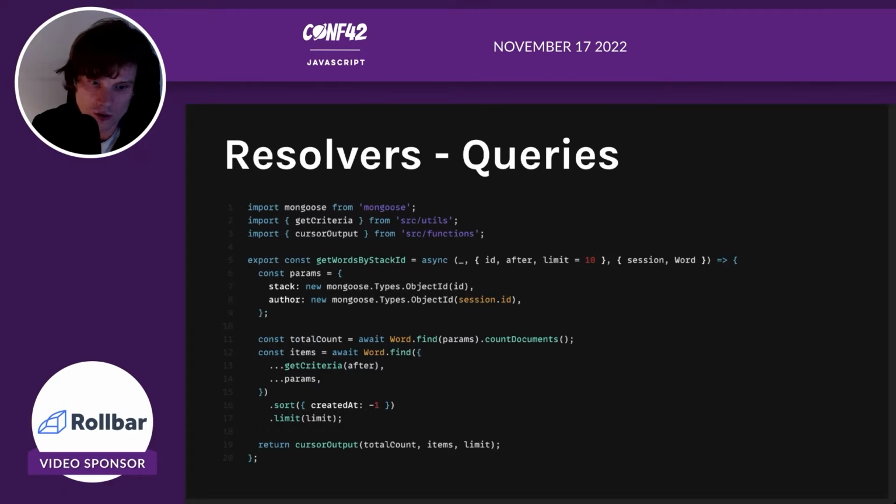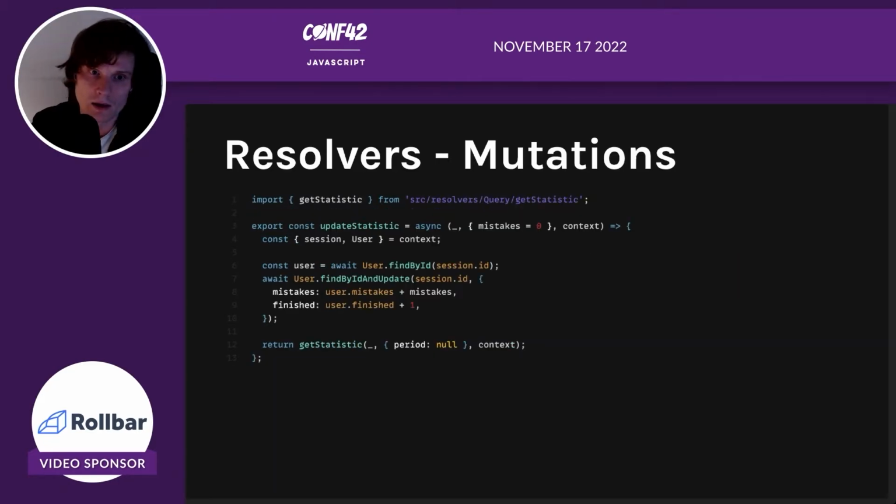So cursor output brings the object structured exactly as it's described in the GraphQL schema. This is the pagination part, cursor output. So this is what we're expecting in the end from that getWordsByStackId.